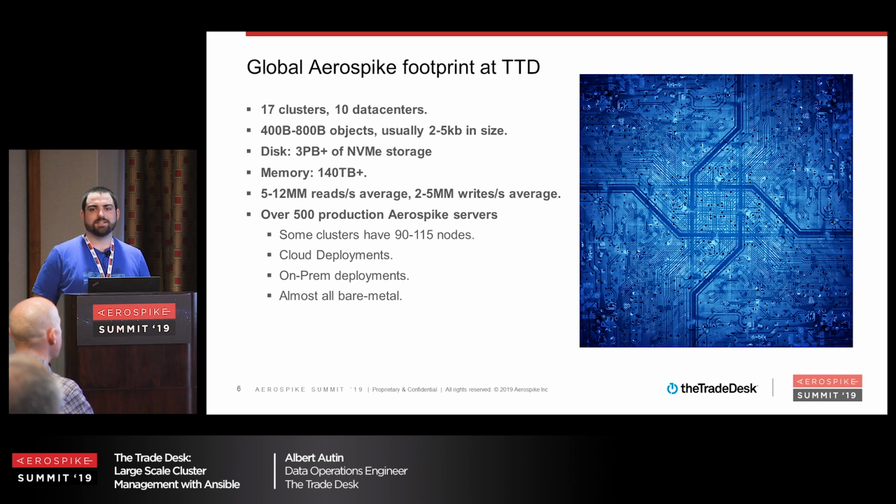Not very much Kubernetes yet. And we have over 3 petabytes of NVMe storage allocated. That's not how much we're using, that's how much we're allocating, and over 140 terabytes. So we have a lot of systems to manage. That can be pretty challenging to manage all those systems running Aerospike.